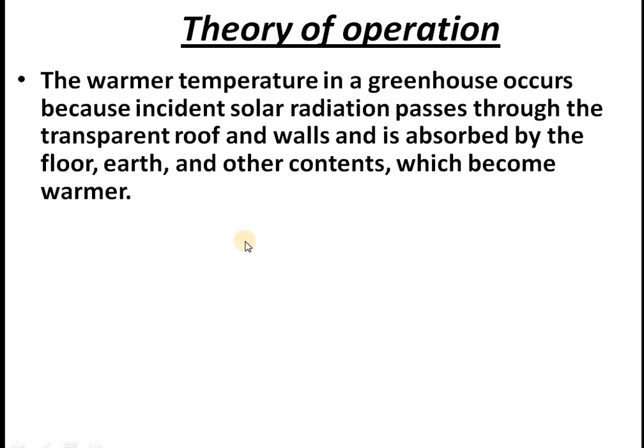What is the fundamental principle? The physical principle is very simple. The incident radiation, the falling radiation, has a high frequency. So what happens? It can easily penetrate through the glass cover or plastic cover. Once it reaches inside the greenhouse, it is absorbed by all the objects we have placed inside the greenhouse, and they re-emit it. When they re-emit the radiation, its frequency is small now.